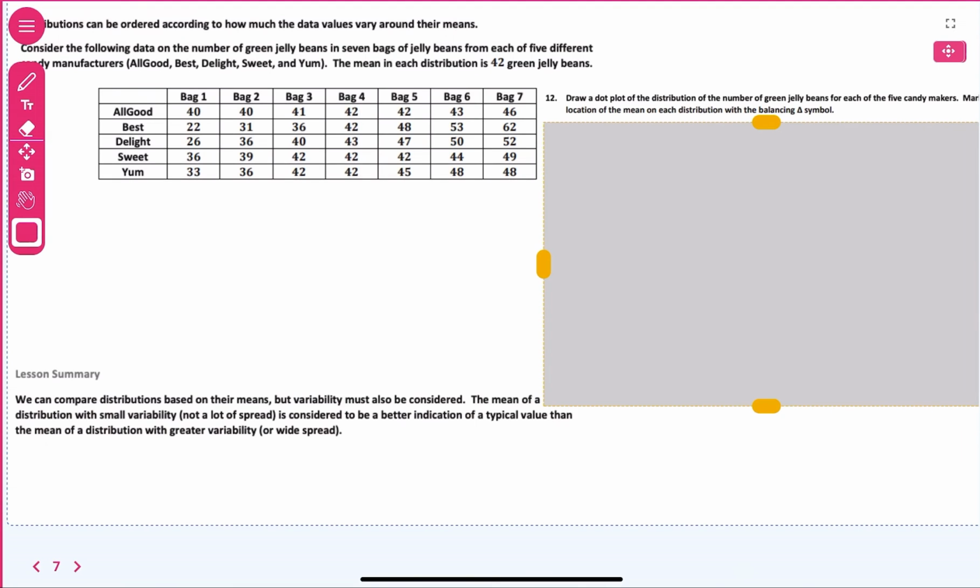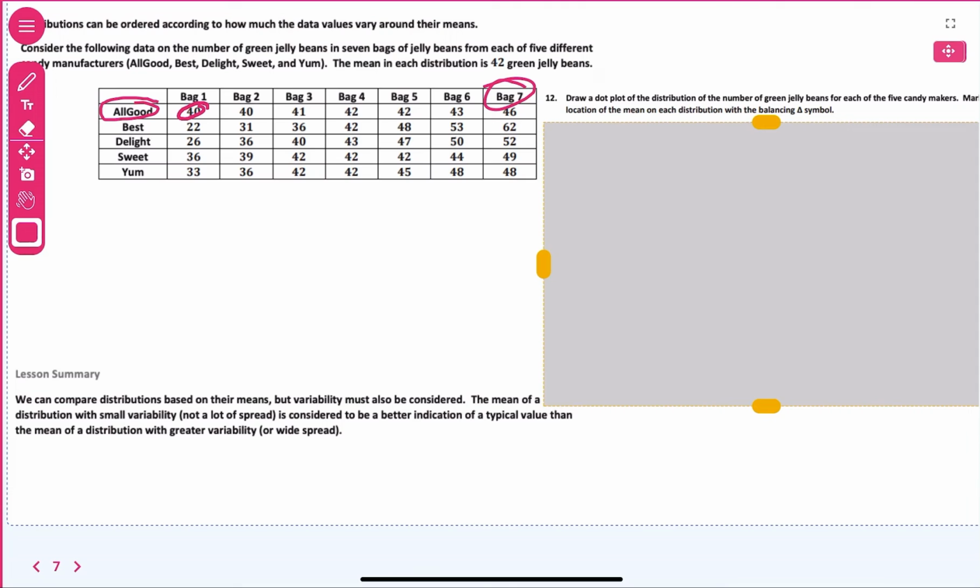All right, number 12. All right, we're looking at jelly beans, green jelly beans. Different manufacturers. The mean in each distribution is 42 green jelly beans. So we got 7 bags from each distributor or manufacturer.